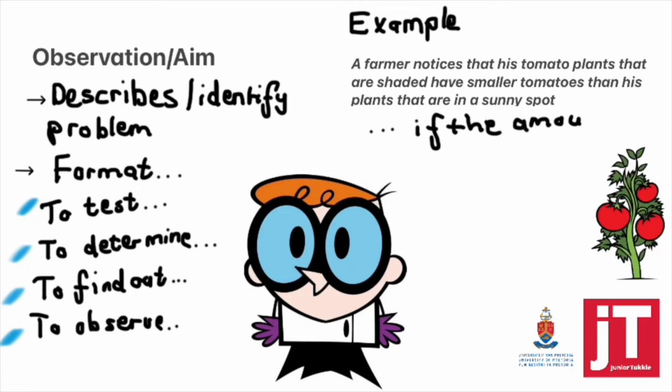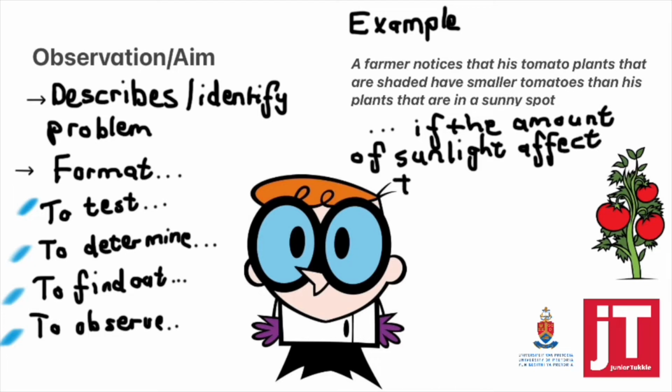So a farmer noticed that his tomato plants that are shaded have smaller tomatoes than plants that are in a sunny spot. So how you can construct this is you can choose any of the given formats and just connect it with your example.